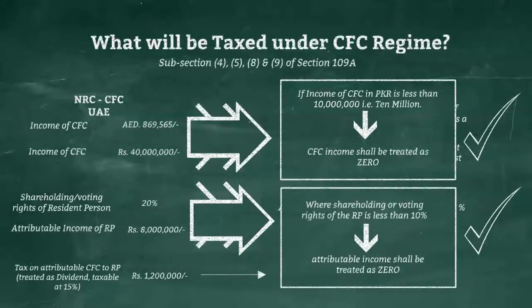This, however, can create venues for tax engineering, where a CFC can be established by a group of people in Pakistan with total shareholding in a foreign company qualifying for CFC, but each shareholder owns less than 10% voting rights or shareholding. Thereby, the whole group can avoid CFC tax.